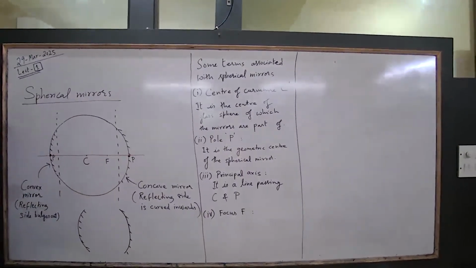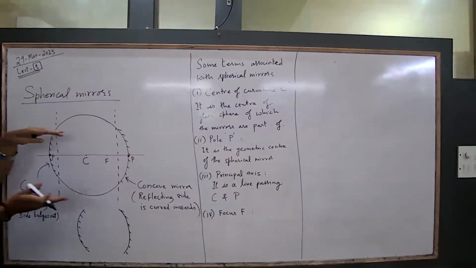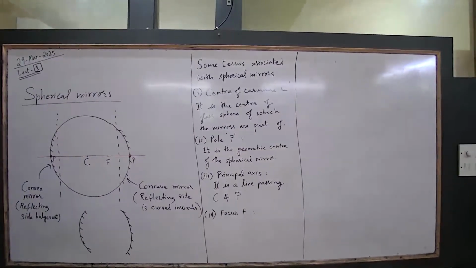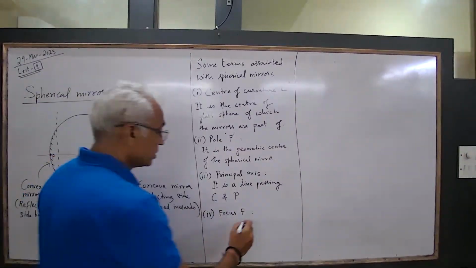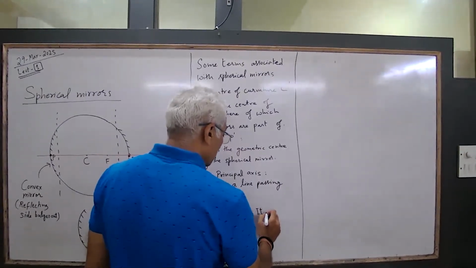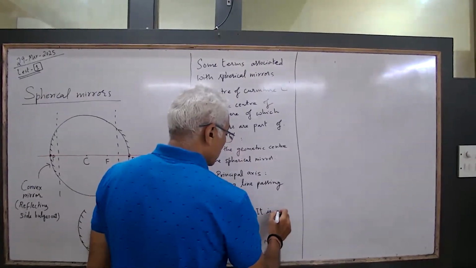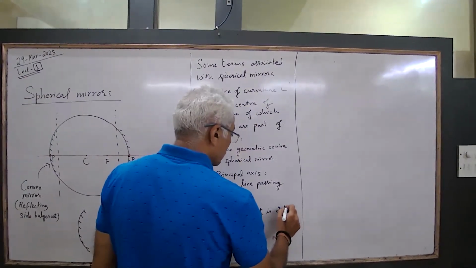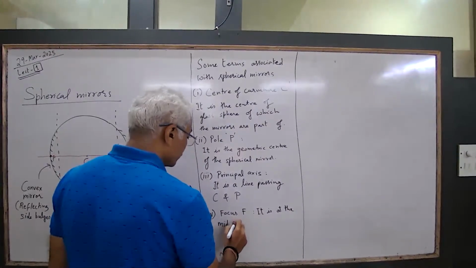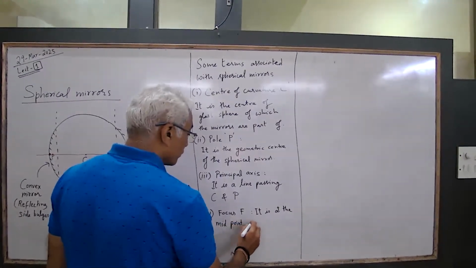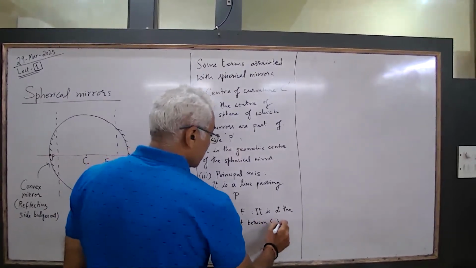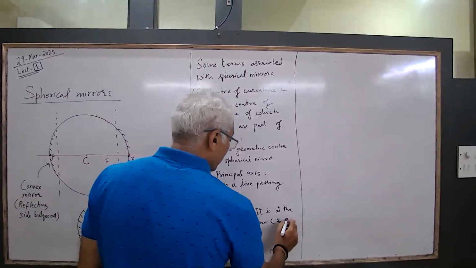All the rays which are incident parallel to the principal axis, after reflection, will pass through the focus. You can see that. It is at the midpoint between C and P.